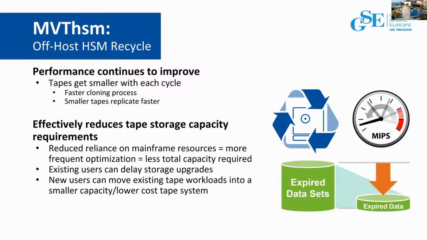Then that allows for a faster cloning process as we're doing the copy from one tape container file to the new one, because you're not moving as much data each time. And then if you're replicating your HSM off site, those smaller container files don't have as much storage in them. Therefore, they will replicate faster because you're not moving as much data.